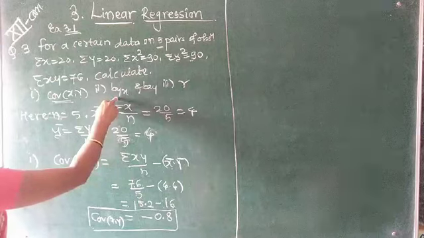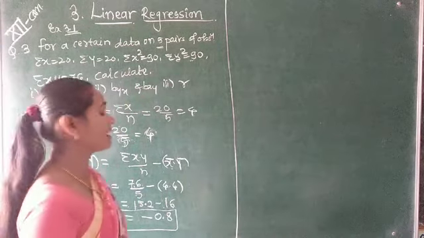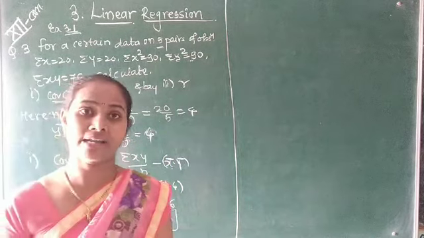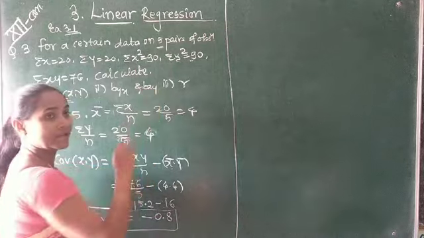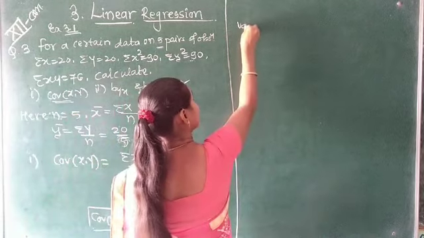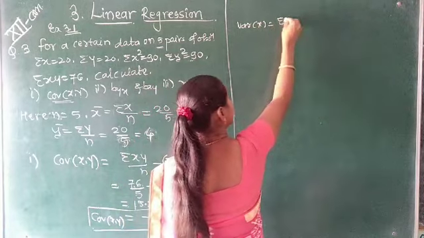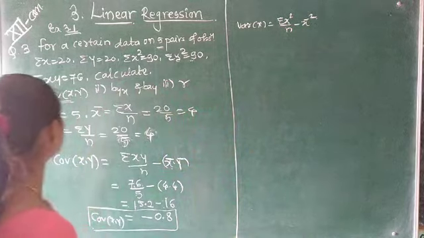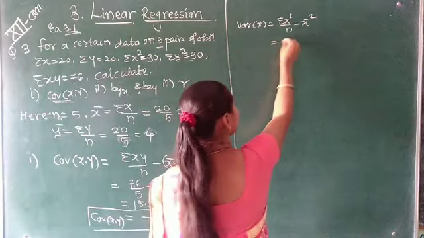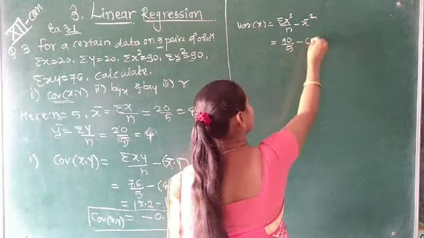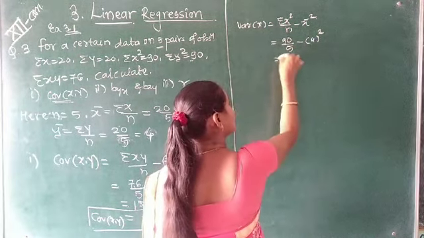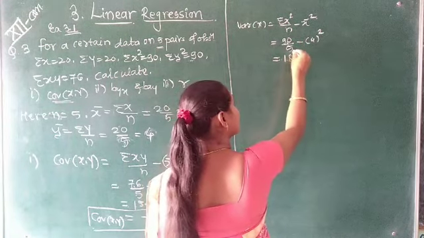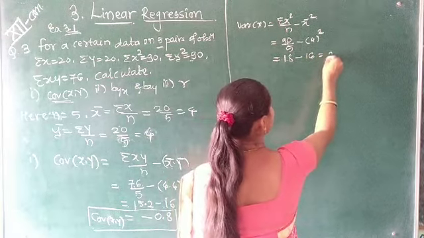Now we have to find byx and bxy. First we find the regression coefficient of y on x. For this we have to find the variance of x and the variance of y. Variance of x is summation x square upon n minus mean square. Summation x square is 90, n is 5, minus 4 square. 90 upon 5 is 18, minus 16, which is equal to 2.